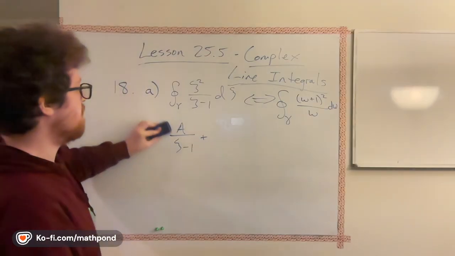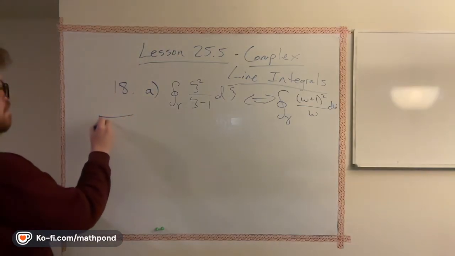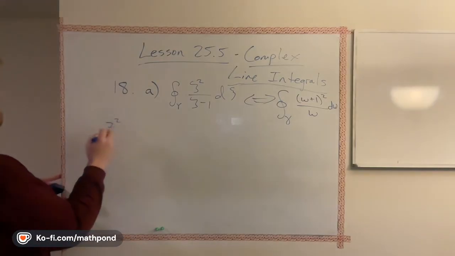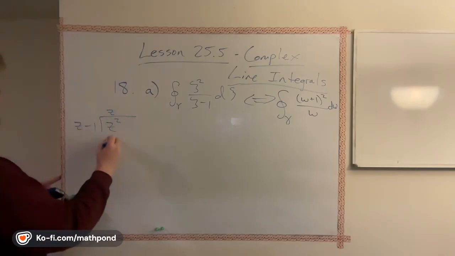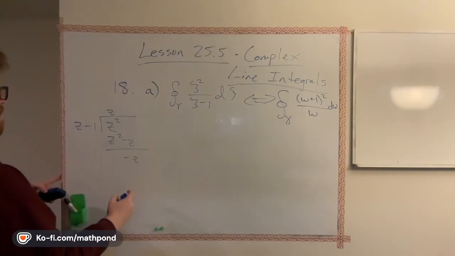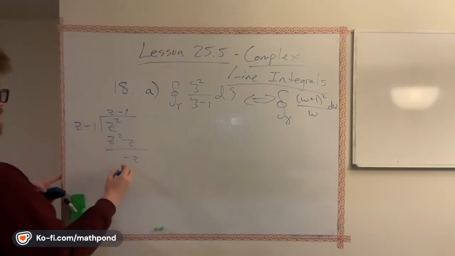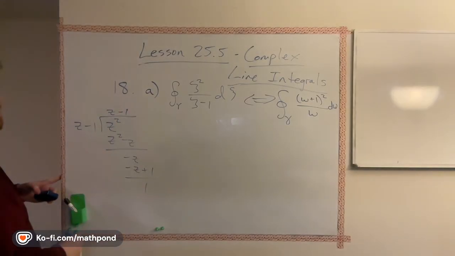All right, so let me just divide this out real quick. This is zeta squared. I wish I wasn't using zeta. I'm just going to use z for a second. So z times this gives me z squared minus z, which gives me minus z left over. So minus 1 minus z plus 1, so remainder 1, so it's z minus 1 squared.